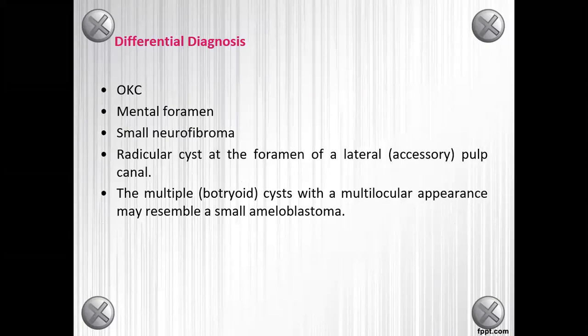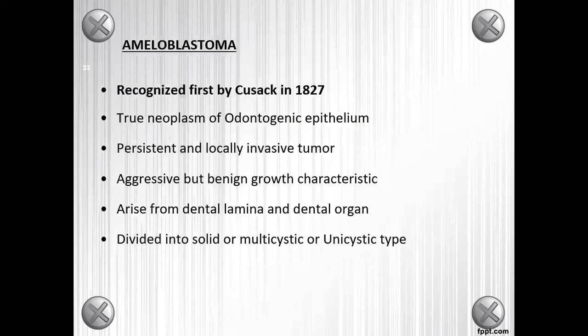Differential diagnosis is OKC, mental foramen, neurofibroma, radicular cyst at the foramen of the lateral pulp canal, and multiple cysts with multilocular appearances. These are the differential diagnoses for the botryoid odontogenic cyst, which appears like a bunch of grapes.